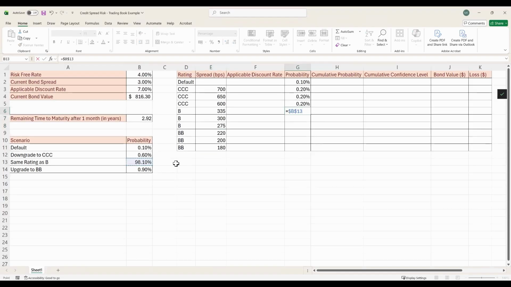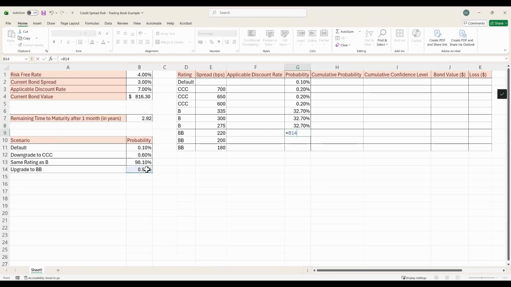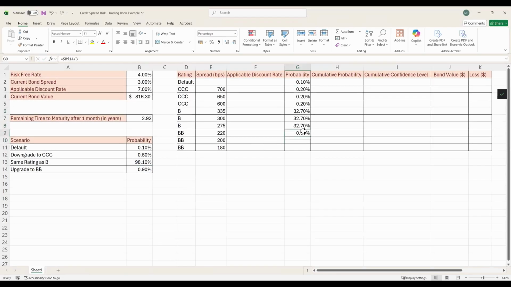Of course, we'll press F4 to make it constant, divided by 3. So I get 32.7%. Similarly, for these two scenarios also, it's 32.7%. And finally, for upgrade to double B, the probability will be equal to 0.9% by 3, which is 0.3% for all these three sub scenarios.